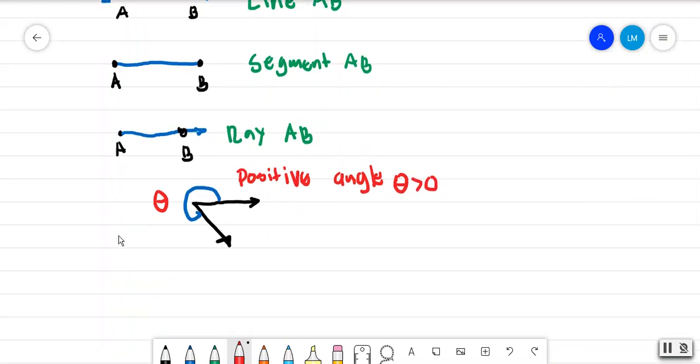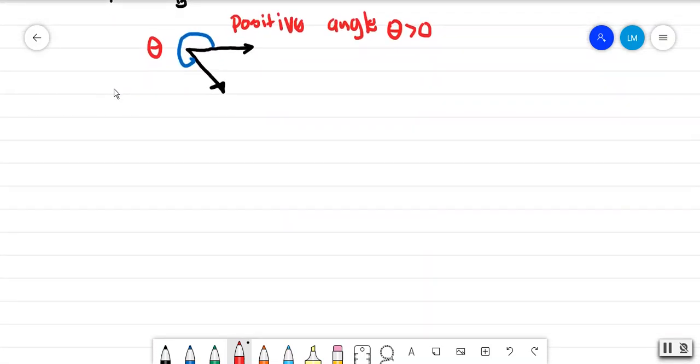Okay, well, what if we were to do the same exact thing where we look at a ray and we have another ray like here. But in this example, we create an angle measure like so, and then we call this theta.